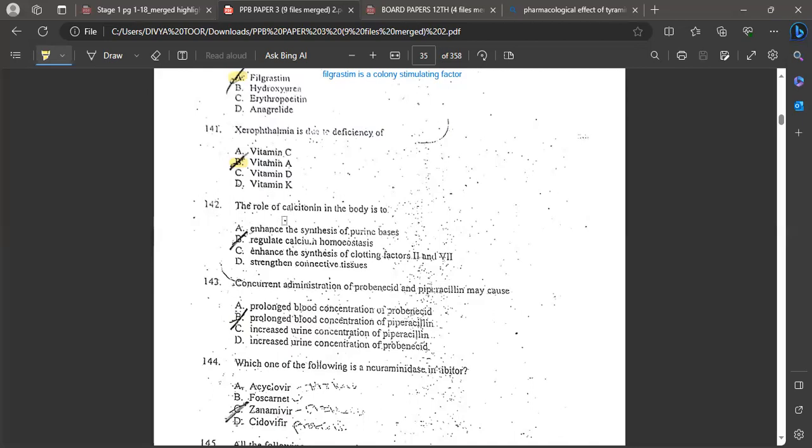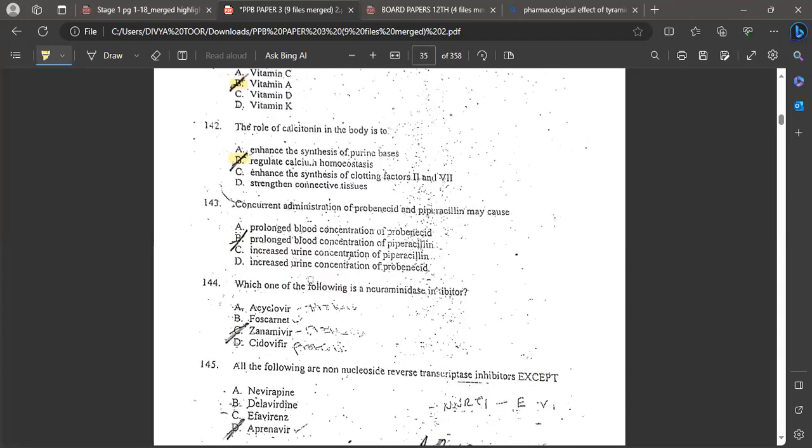Best answer. The role of calcitonin in the body is to enhance the synthesis of urine base, regulate calcium homeostasis, enhance the synthesis of clotting factors 2 and 7, strengthen connective tissue. I think it's calcium. Calcitonin is secreted somewhere in the thyroid, by some types of cells in the thyroid.